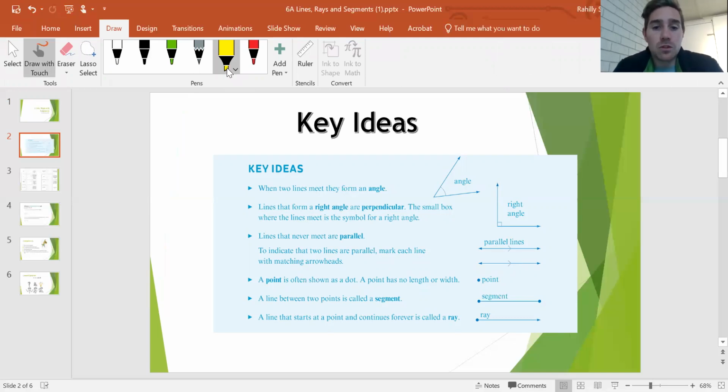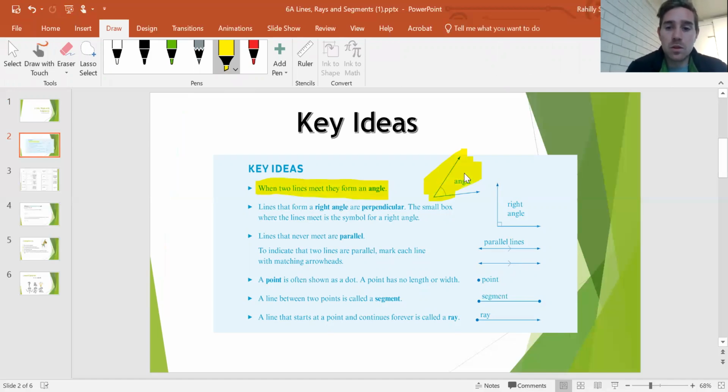When two lines meet, they form an angle. All right, get that one in. They form an angle. I want you to copy these in and obviously draw the example as well. Lines that form a right angle are perpendicular. A small box where the lines meet is the symbol for a right angle. If you've got two lines meeting like this and there's a square in the corner, that means it is a right angle.